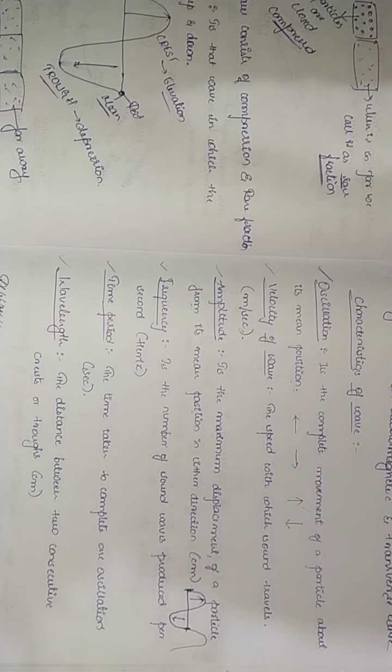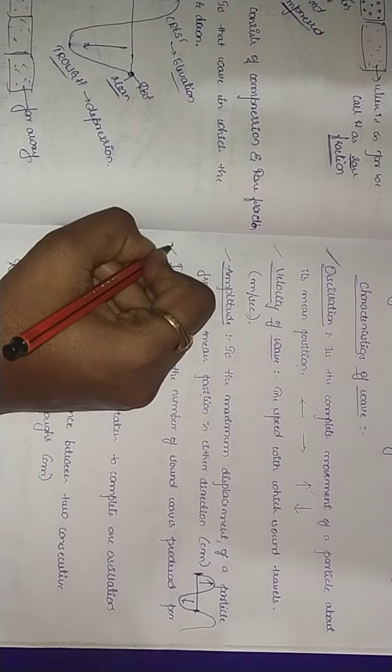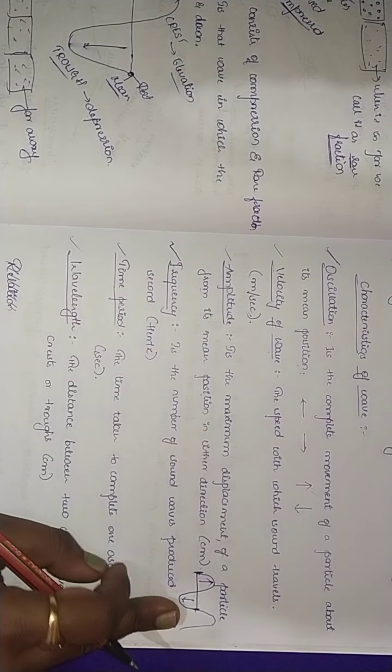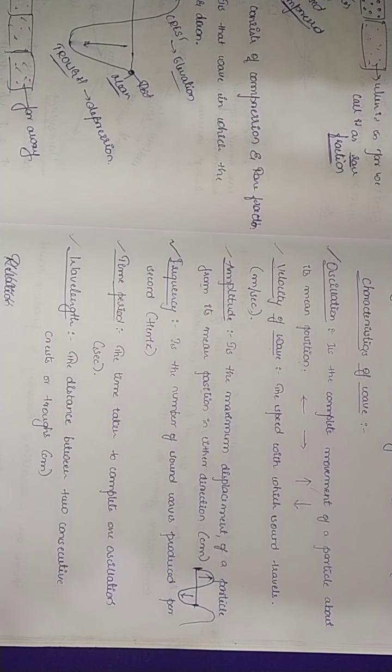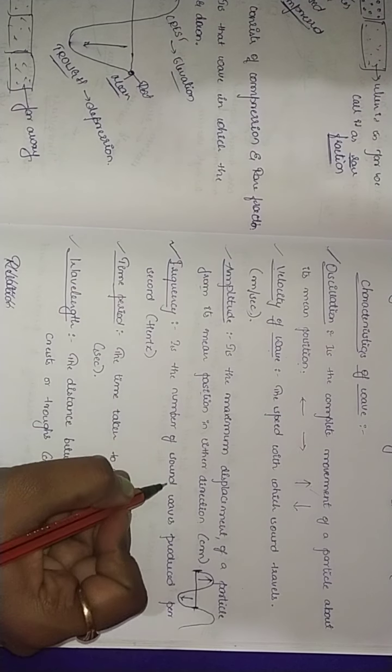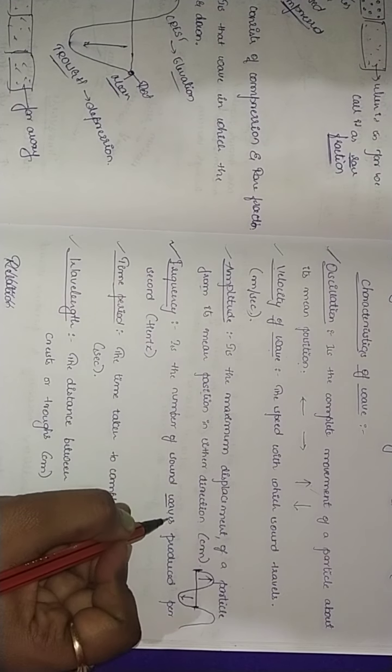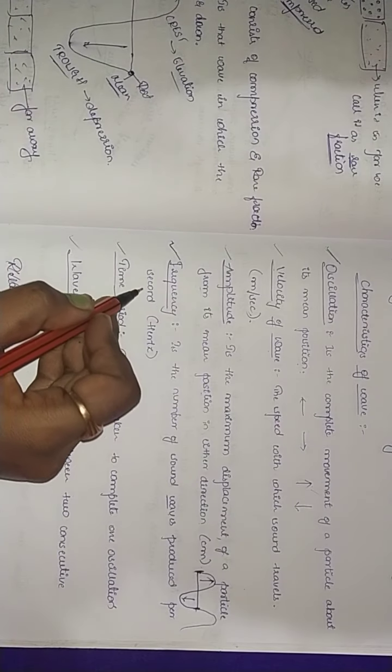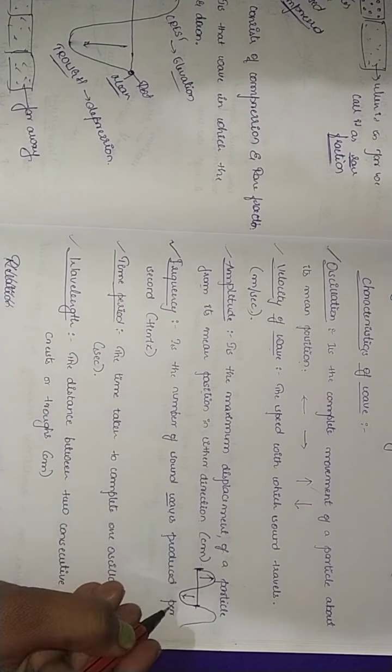And then we have frequency. Frequency is very important and everyone has to recognize it. Frequency means the number of sound waves produced per second. How many sound waves are produced in 1 second? Say for example, I beat here.